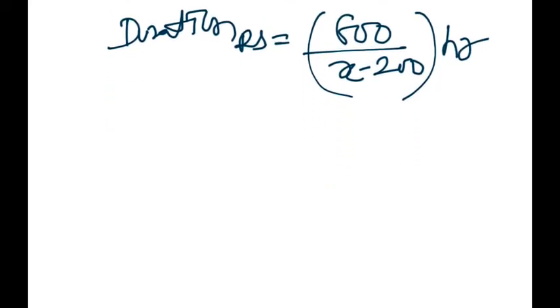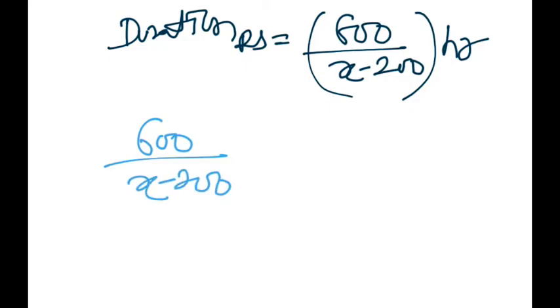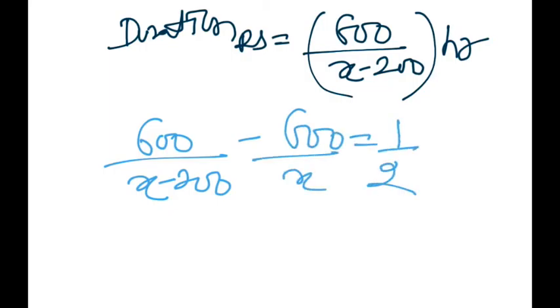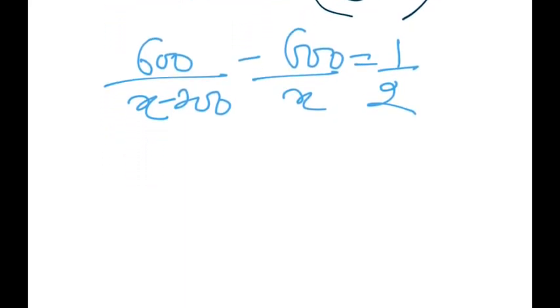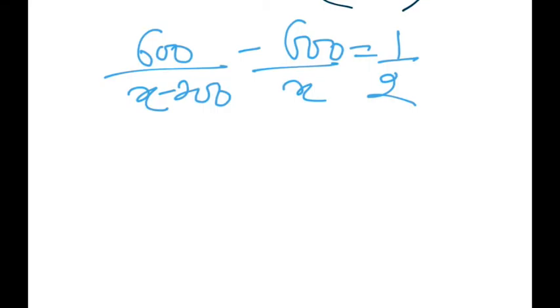So 600 divided by x minus 200 minus 600 by x equals half. So this is the quadratic equation, and again I want you guys to solve this.